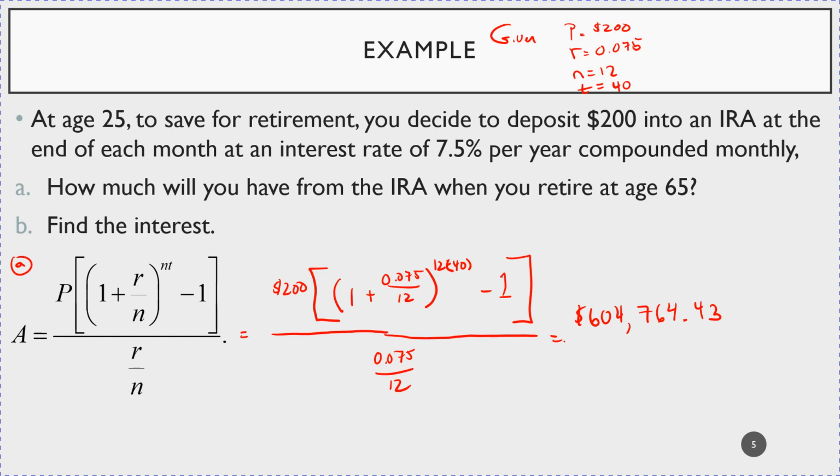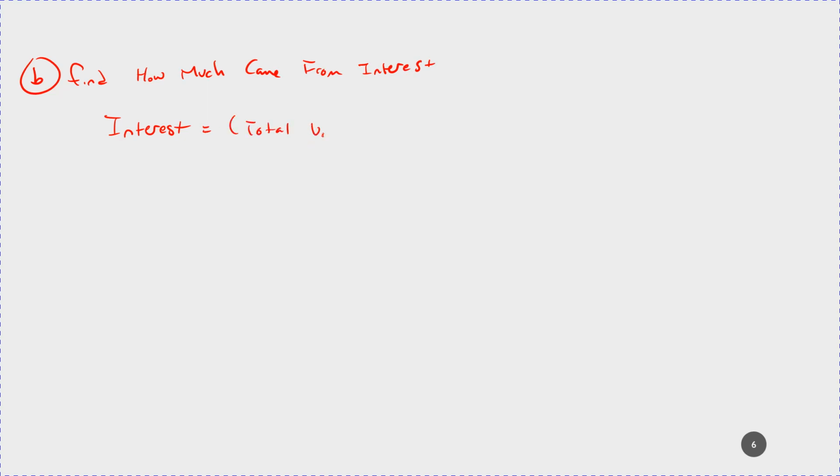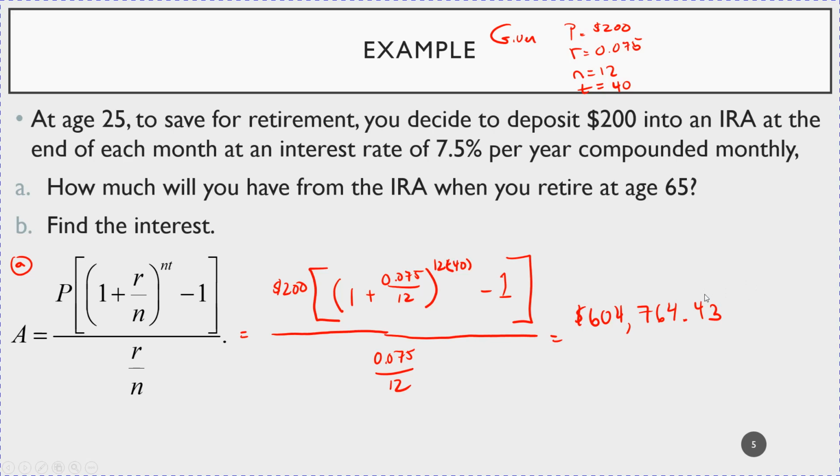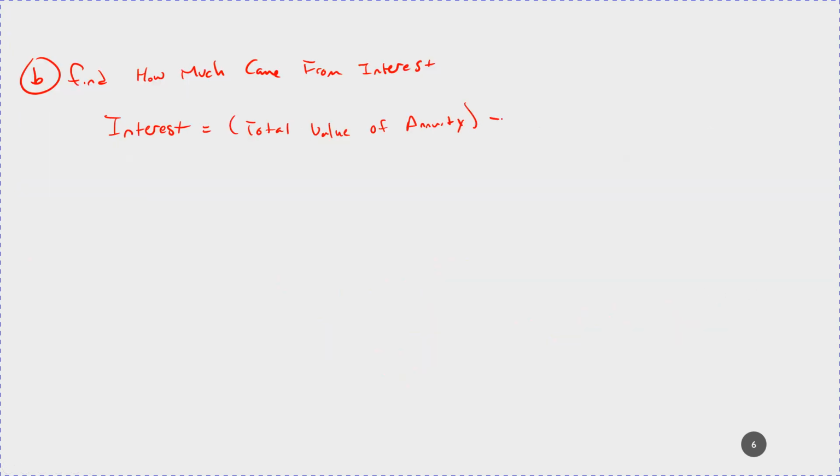All right, so let's figure out how much of that money was just from interest. Okay? So let me go to part B here. Find how much came from interest. Well, the interest you make on this is equal to the total value of the annuity minus the total value of the payments.